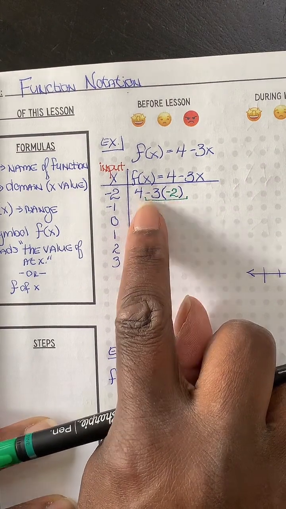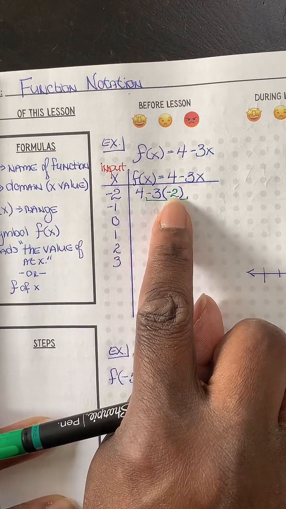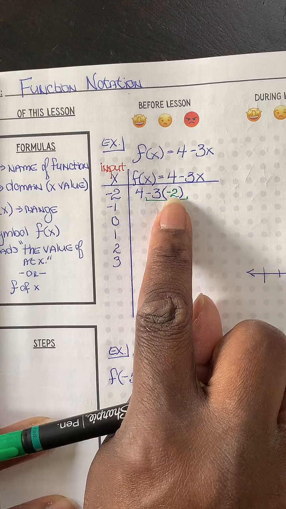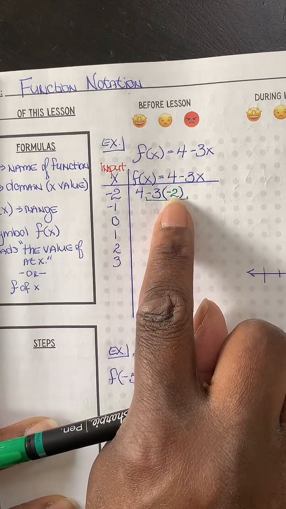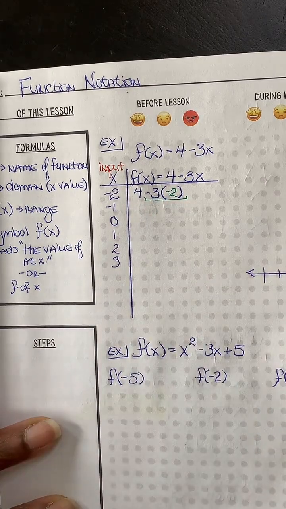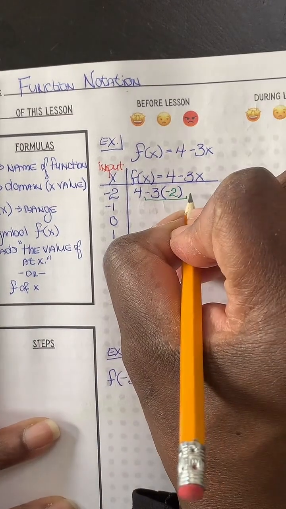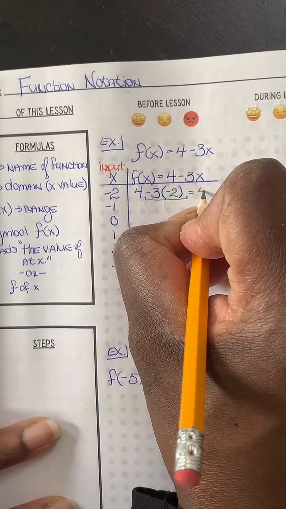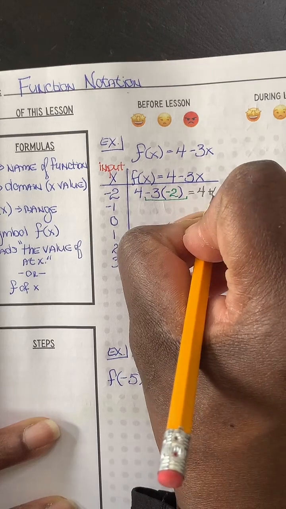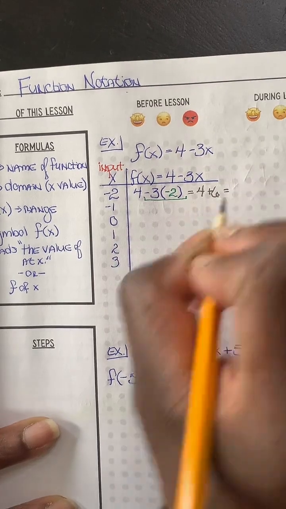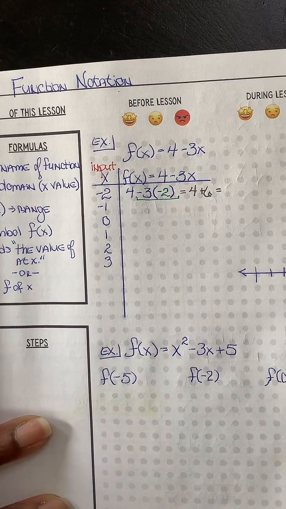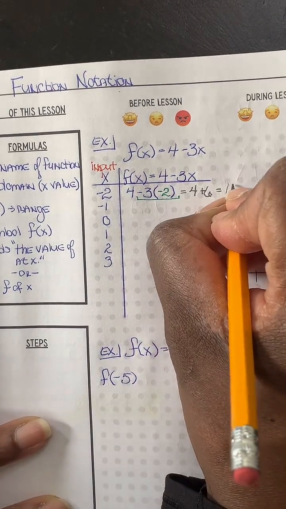If you recall, a negative times a negative will give me a positive. But now we got to multiply 3 and 2. So 3 times 2 would give me 6. So we're looking at 4 plus 6. And what is 4 plus 6? 4 plus 6 is 10.